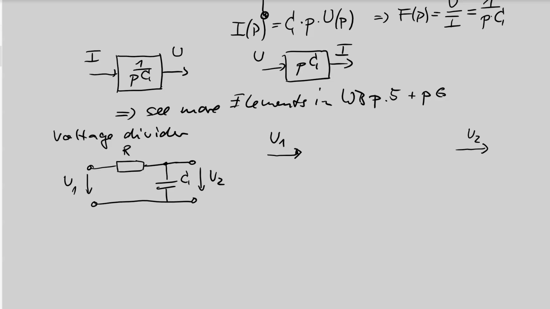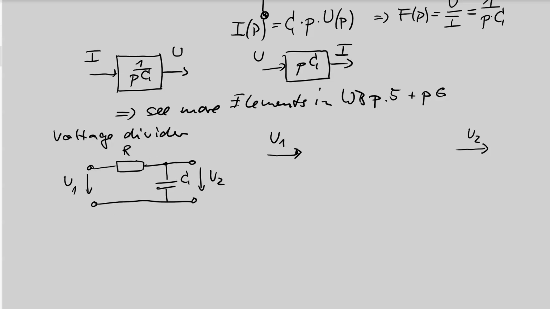So this is the frame of my signal block diagram, and the task is now to connect U2 with U1 with the correct signal block diagram elements, and this is possible if we have an equation system of this circuit.